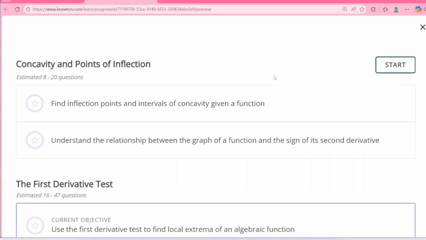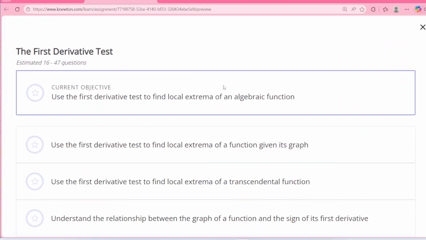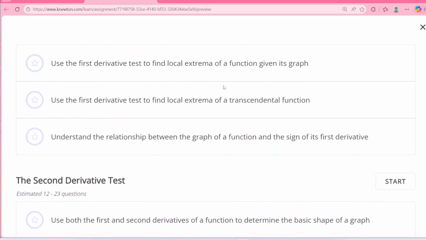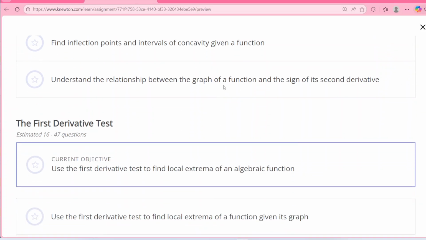This tells you how many objectives are in the assignment. And this one's a pretty long one, so I've decided to break it up into 3 parts based on the heading titles, because there are 9 objectives broken up into 3 headings.